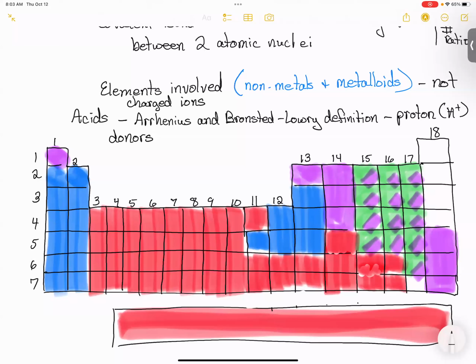Yes. These are metals that always form the same charge. And that's important because if it's a metal that always forms the same charge, then when we go to name the compound, we're just going to list the name of the element.